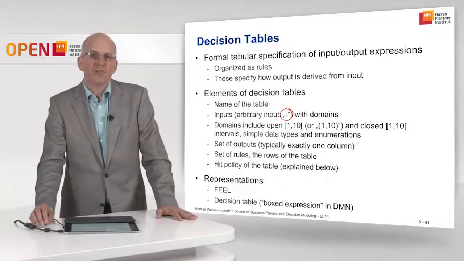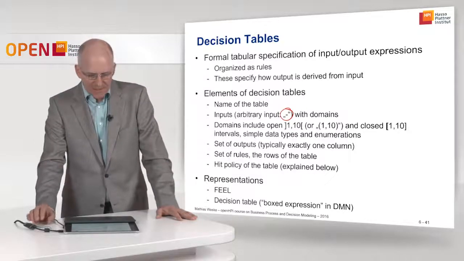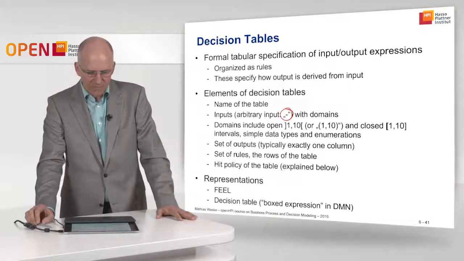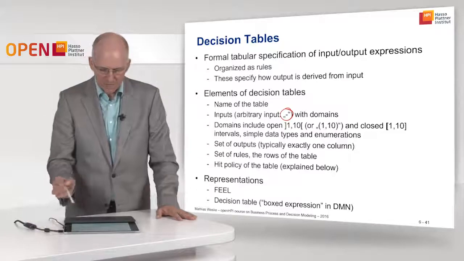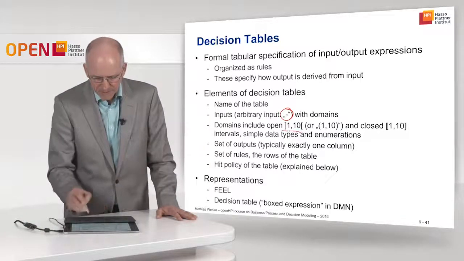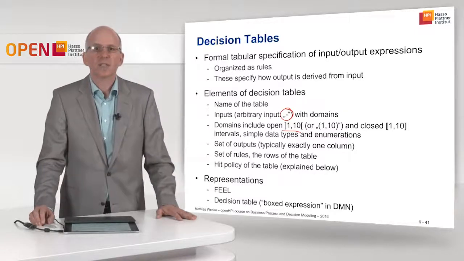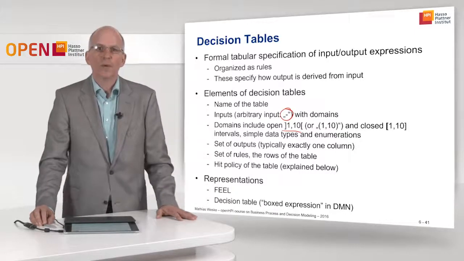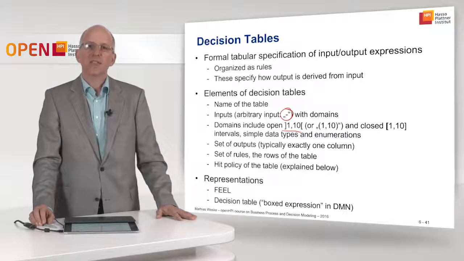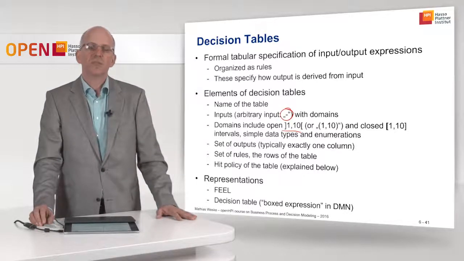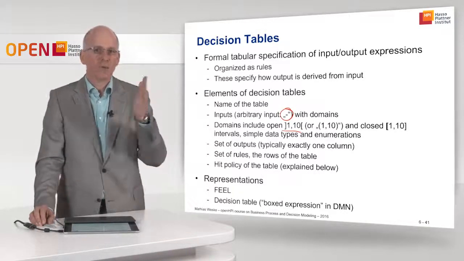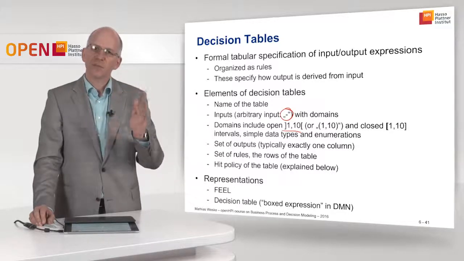Inputs also have domains. Domains include open and closed intervals. So an open interval 1, 10 here means that it's all numbers that are greater than 1 and smaller than 10. So when it's integers, it's the interval between 2 and 9, including 2. So all numbers from 2 to 9.